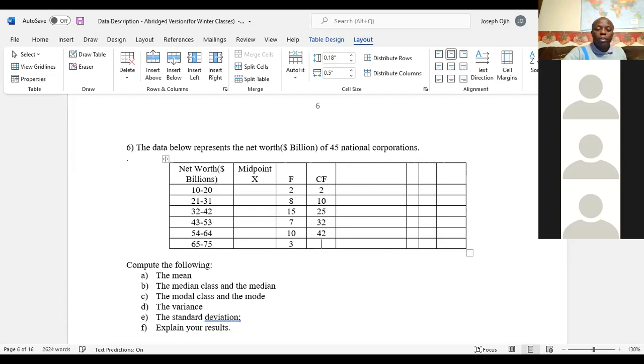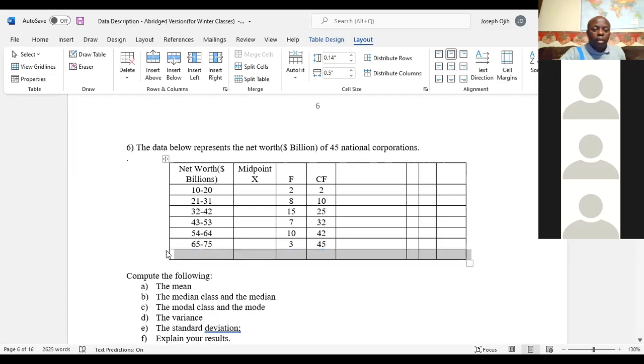And then 42 plus 3 gives us 45. Now we need a total column. So I'm going to add the totals right here.